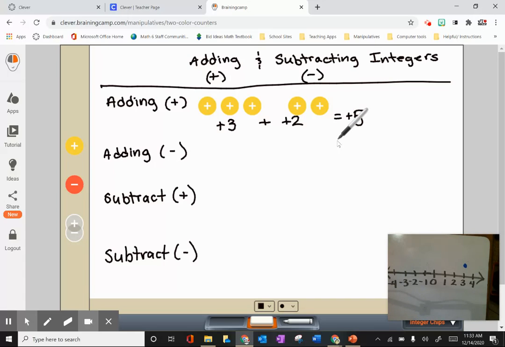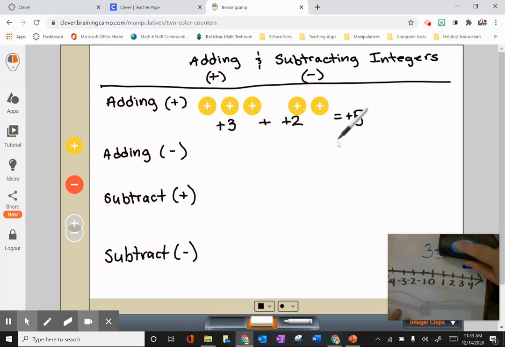If you add a positive number, in this case we're adding positive 2, that'll give us 5. So we're saying 3 plus positive 2 equals 5. When we're adding positives, that is the same as just adding. It's no different than saying 3 plus 2.